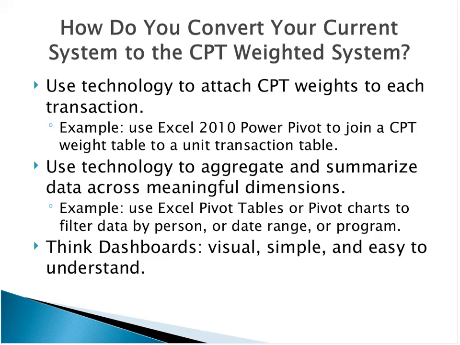I can have another small table that has each of the CPT codes and the weights attached to them. Through Power Pivot, you can attach those bits of information. So suddenly you have a transactional file with CPT weights, and the weight of each of those transactions you can then use for your analysis.